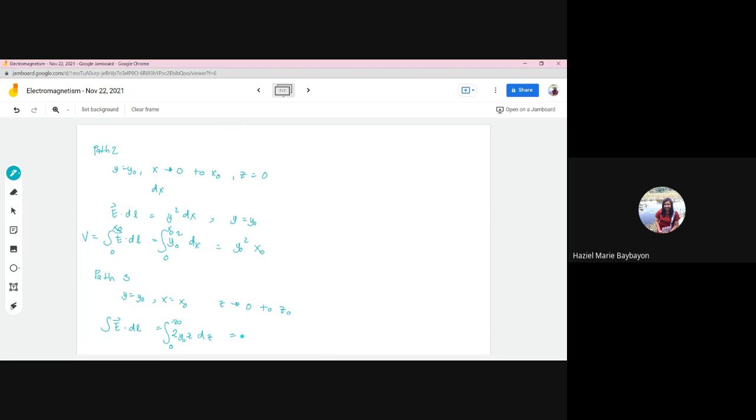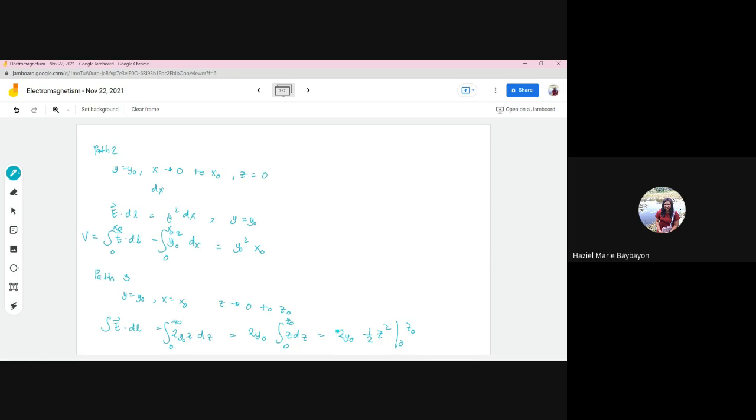All right. So you have 2y naught, the integral of z dz from 0 to z naught. So this is equal to 2y naught times, what is the integral of z, class? 1/2 of z squared from 0 to z naught.